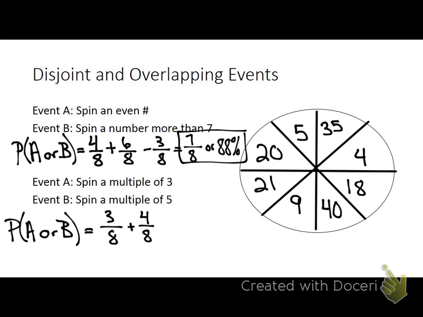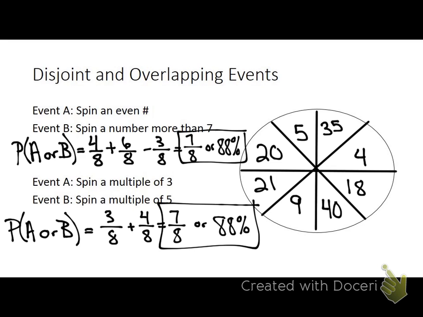Are there any numbers that are both multiples of 3 and 5? No. There are no numbers on the spinner that are both, so I add them together, and these are disjoint events. Okay, 7/8 and 88%.